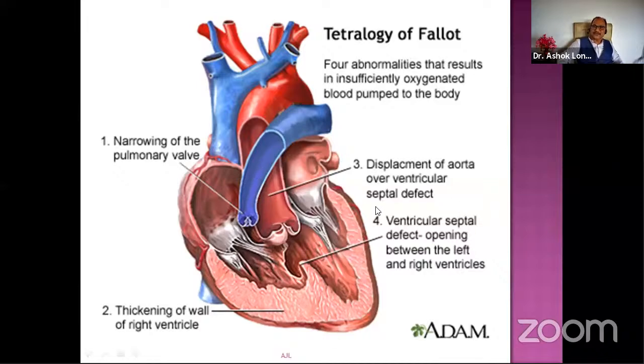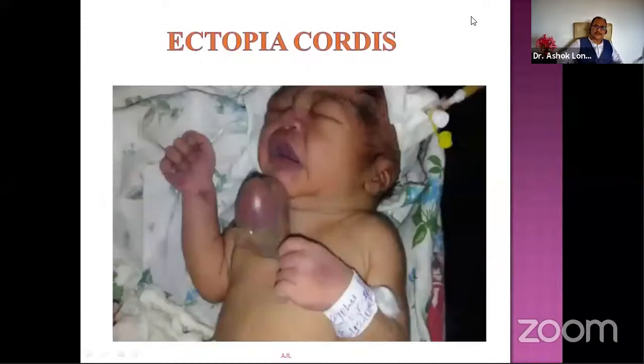And the fourth one is ventricular septal defect. So narrowing of the pulmonary trunk, thickening of the right ventricle, aortic displacement, and the fourth one is ventricular septal defect. This is called Fallot's tetralogy or tetralogy of Fallot.